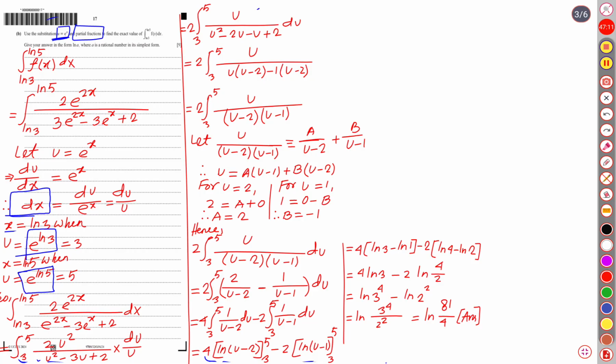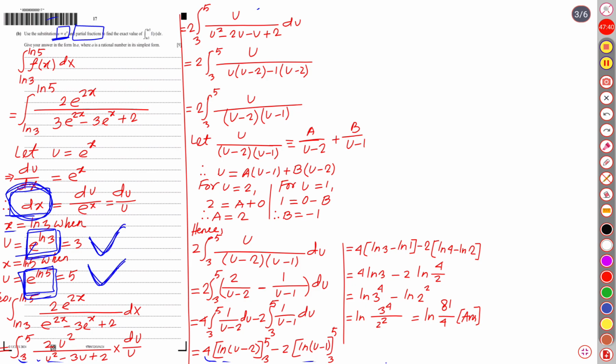This limit has been given in terms of x. As we are converting everything to u, we will have to find the lower limit and upper limit, because this is integration with limits. Once again I'm repeating, for u substitution, we will first find the derivative of x, I mean dx. Then we will find the corresponding lower limit and upper limit.